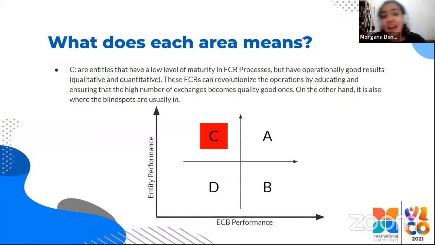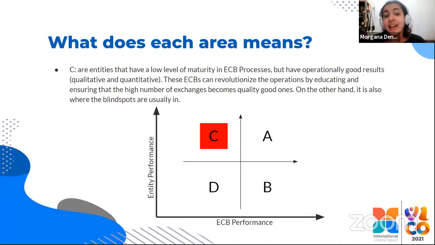In the C area, we have entities that don't have that much maturity in the ECB processes, but they have operationally good results. So they're having many realizations and even very good finished-completed results, but they don't have many ECB processes developed. They don't have an audit system, they don't have HPC, they don't have trackers. These are entities that are kind of a mystery, because they can be two-sided. They can be the ones that really make a revolution in the operations, because if they educate and ensure that the high number of exchanges become good quality ones, these entities can easily become top players and deliver everything they need to do.